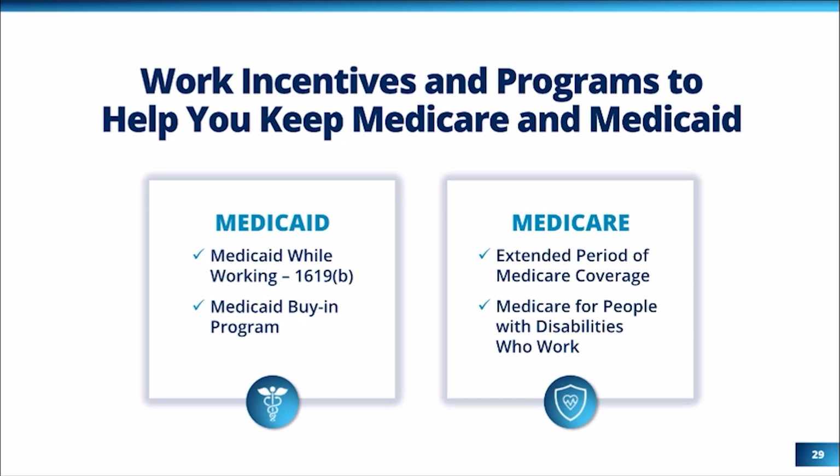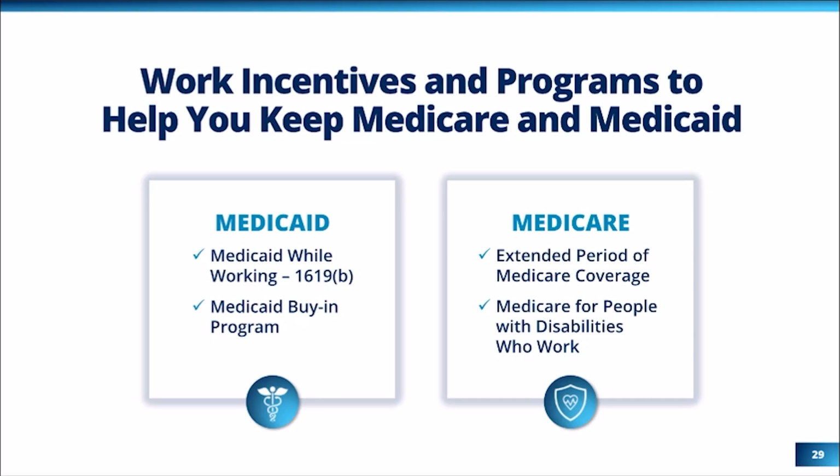Each state has what's called a threshold. That threshold can range from $25,000 up to $65,000. And you're going to keep your Medicaid until you reach that threshold. Then we can even look at you as an individual, because we're using averages to determine these thresholds.